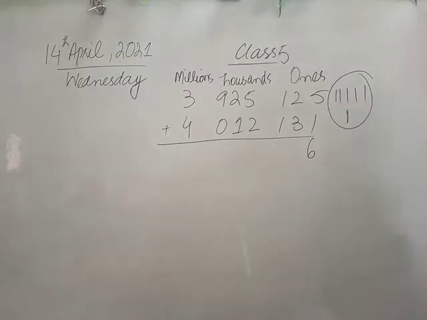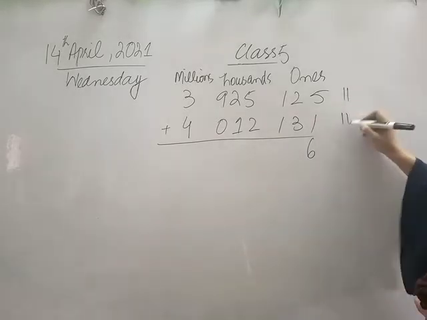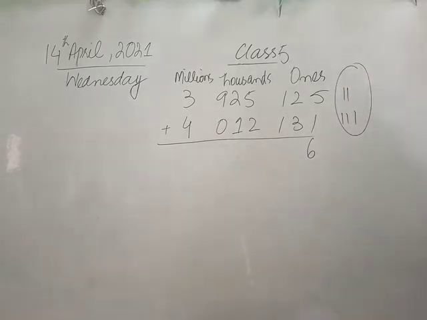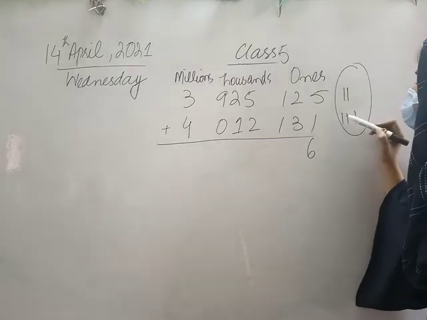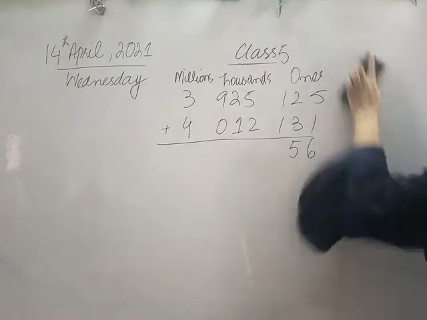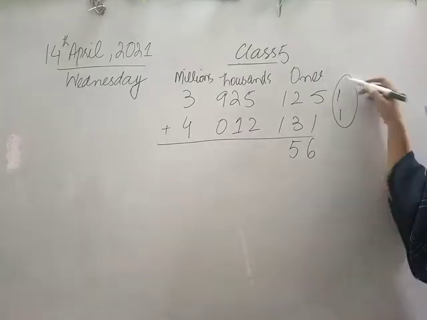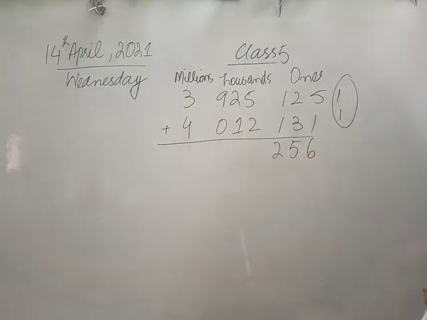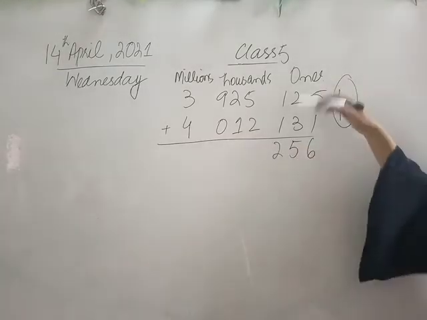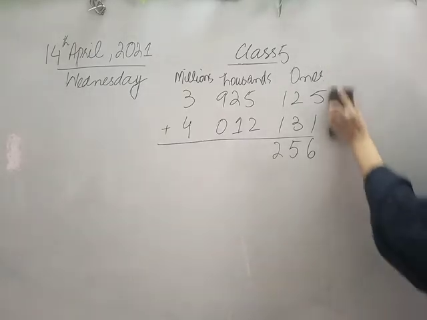Now moving towards the next, which is 2 plus 3. So in total we have 5. Next, 1 for upper and 1 for lower. So in total I have 2. Okay, so this is how we can solve the addition of the ones column.